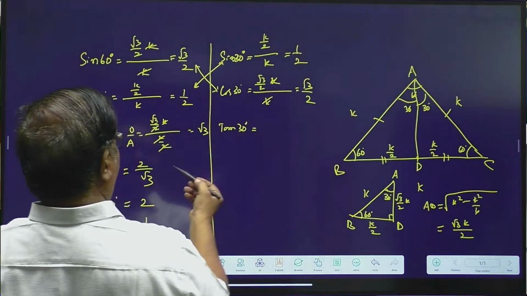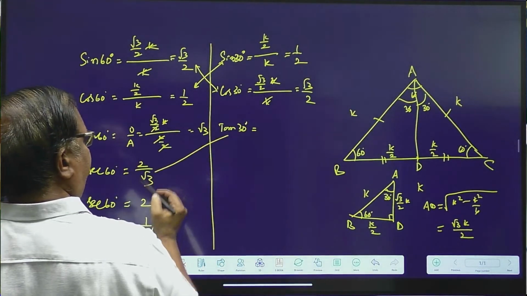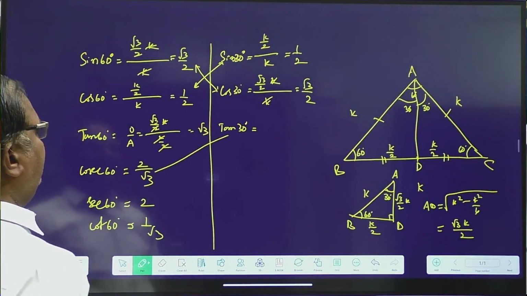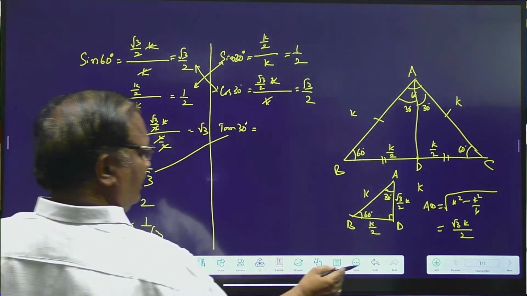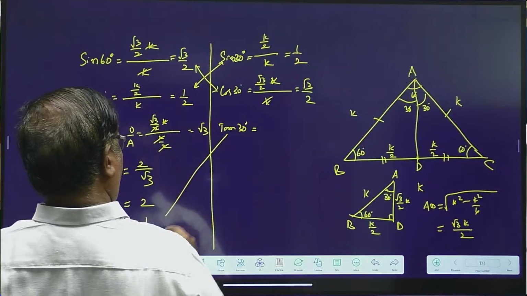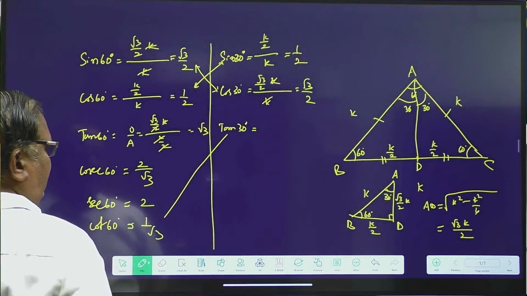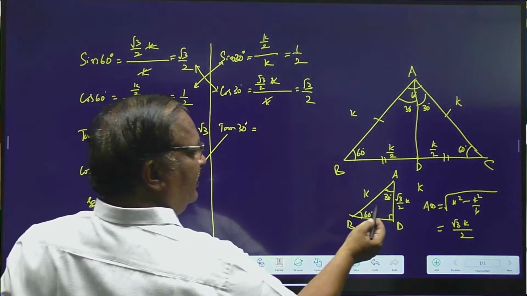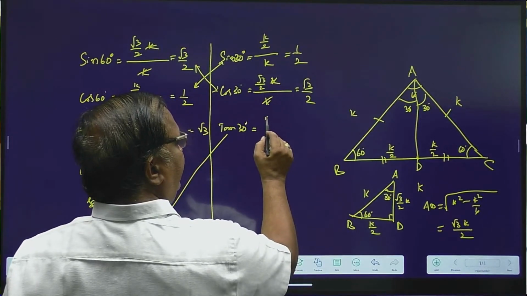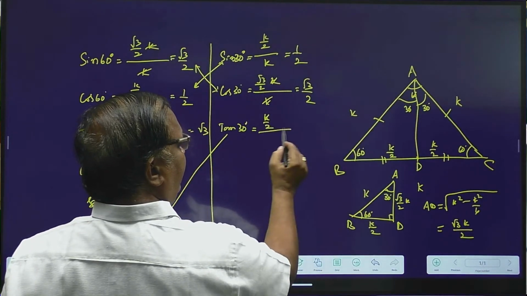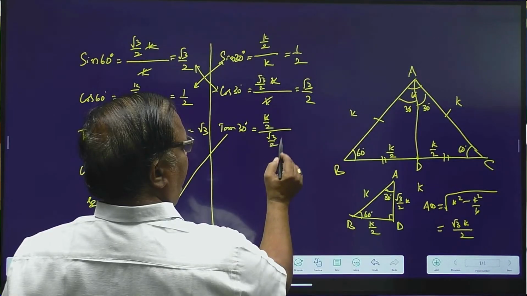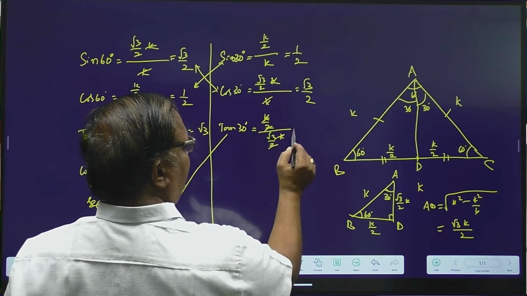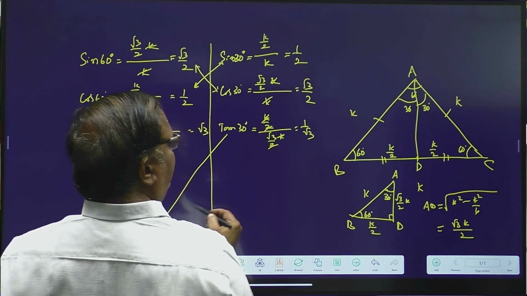Tan 30 is opposite by adjacent, k by 2 by root 3 by 2 k. K will get cancelled, 2 will get cancelled, 1 upon root 3.